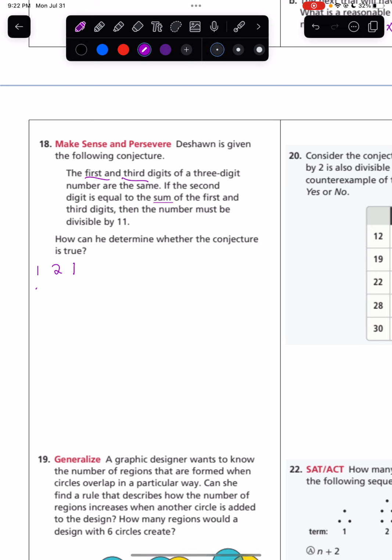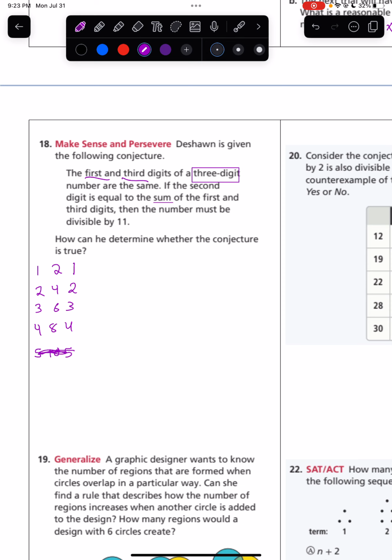You can see where this is going. 2, something, 2, we add the 2 and the 2. 242 is possible. 363 is possible. 484 is possible. However, 5, 10, 5 is not possible because this is a 3-digit number. So that goes away. So there are actually only 4 possibilities.